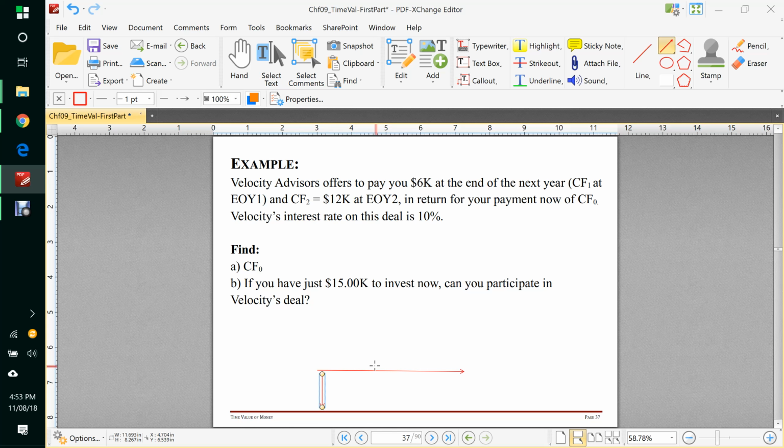And in return, we would be getting 6K in a year, and we would be getting 12K in 2 years.